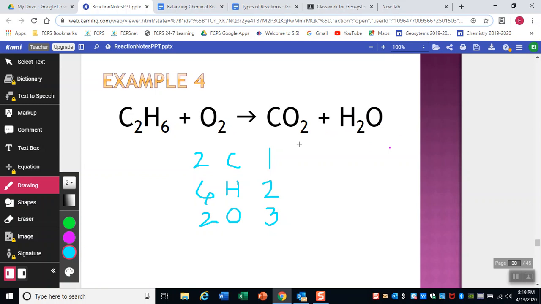So if I look at my hydrogens, I have to have 6 on both sides. So this would be 3, right? Would give me 6, but that would be 3 oxygens. If I put a 3 here, that would be 6 hydrogens, but then that's 3 oxygens. And that would be 4, 5. So if I have 3, that's going to be an odd number. So this has to be an even number. All right, so let me erase that.